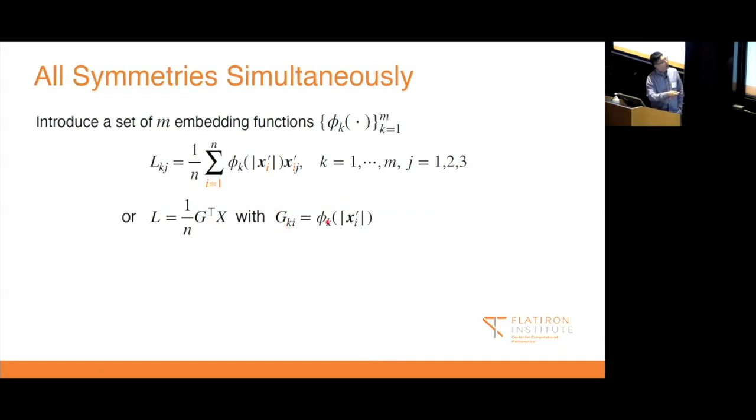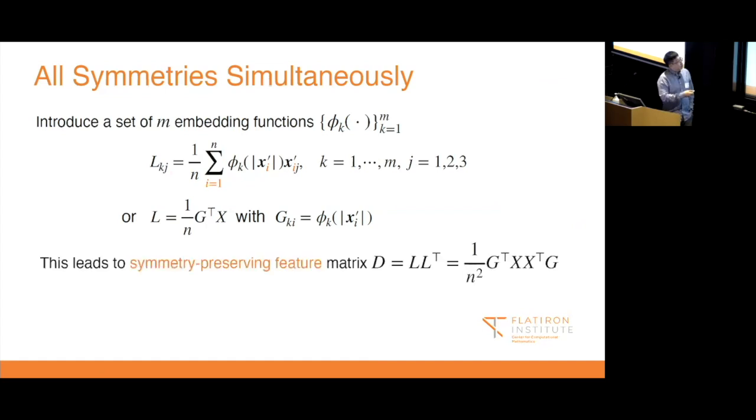Remember, xi prime are already translational invariant, and we only take the magnitudes. So each element of G is translational and rotational invariant. And since we take the average, the final output L is also permutation invariant.